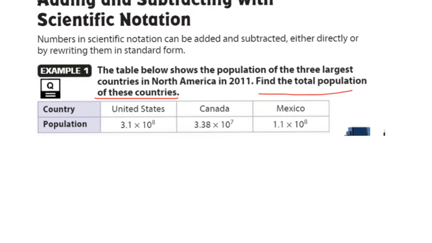So what we want to do is write them all with the same power. You can see the United States has a power of 8, Mexico has a power of 8, and Canada has a power of 7. So let's rewrite Canada's number so that it also has a power of 8.